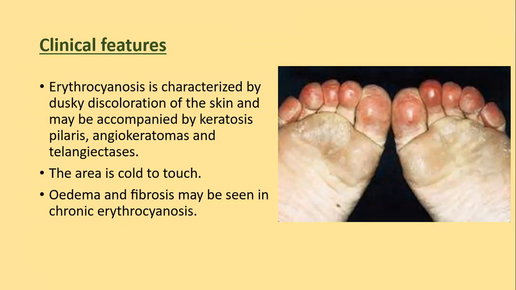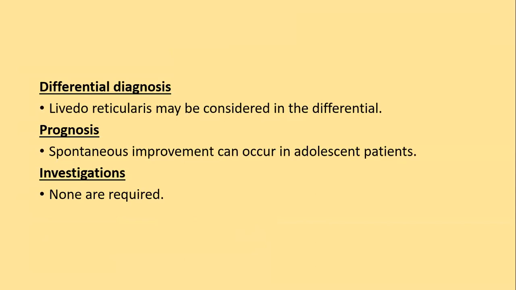Erythrocyanosis is characterized by dusky discoloration of skin and may be accompanied by keratosis pilaris, angiokeratomas, and telangiectasias. The areas are cold to touch. Edema and fibrosis may be seen in chronic erythrocyanosis. So, in addition to the red dusky erythema, there is edema and fibrosis as well.